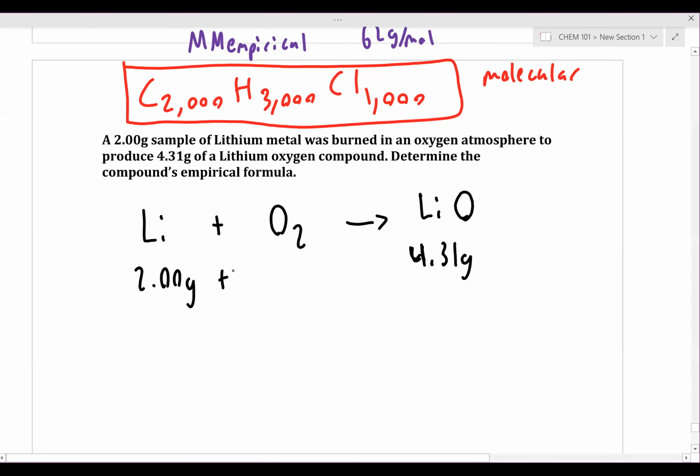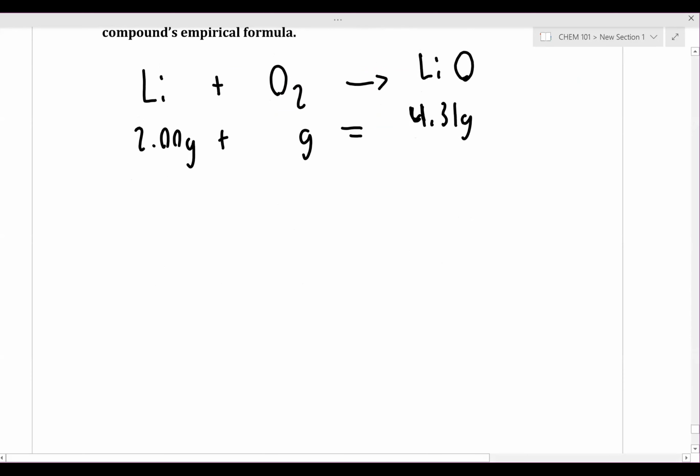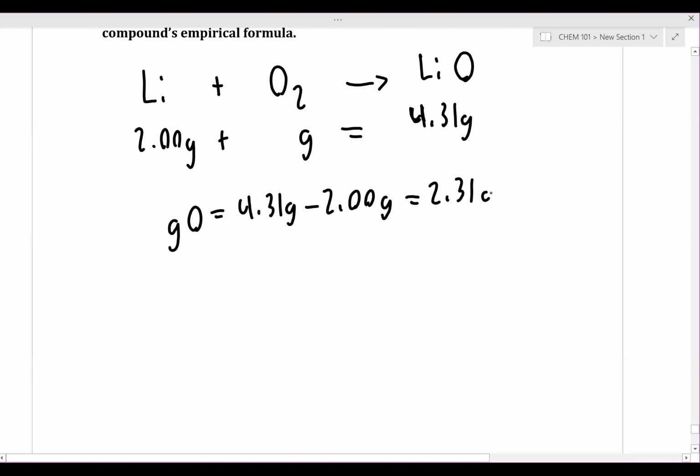So these 2 grams plus the mass of oxygen is going to be equal to the mass of our product, lithium oxide, right? So then the grams of oxygen are equal to 4.31 grams minus 2.00 grams, which gives us 2.31 grams of oxygen.